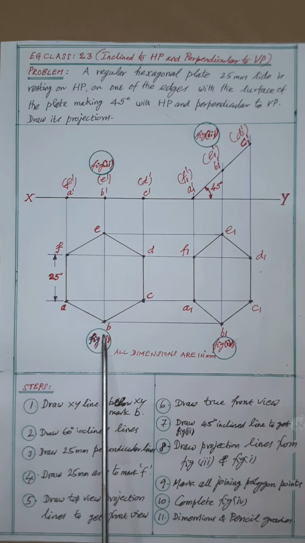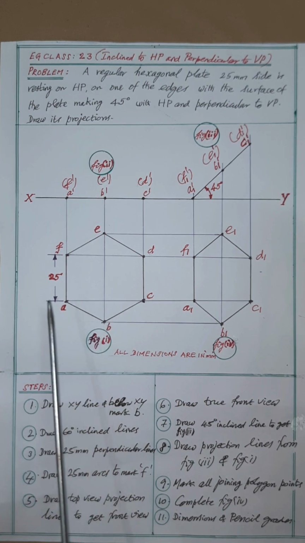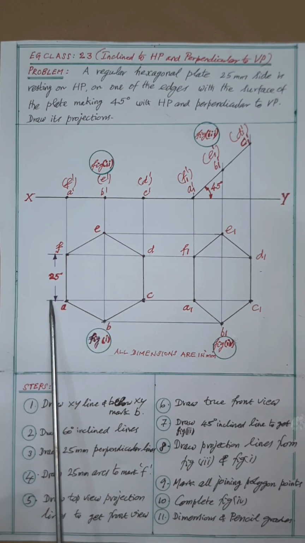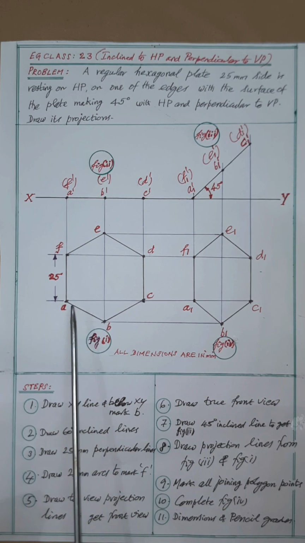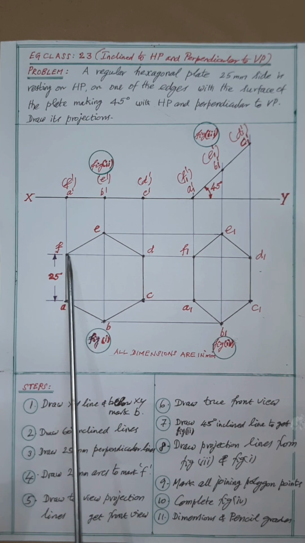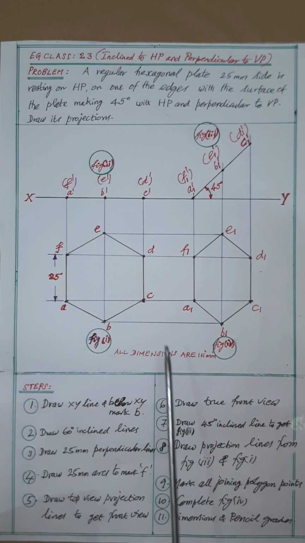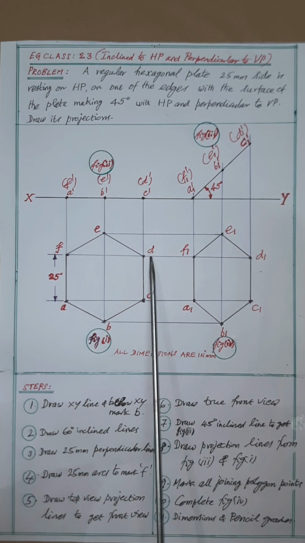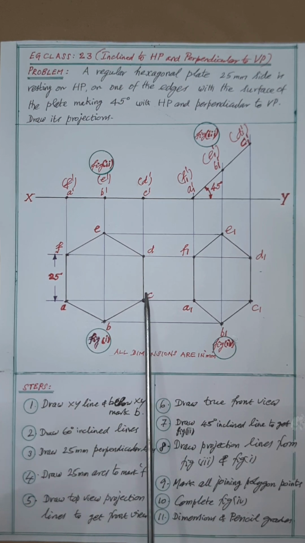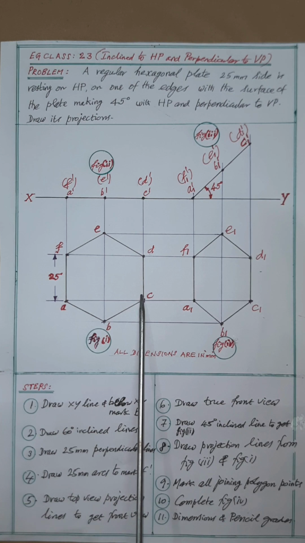As per step 3, draw a 25 mm length line perpendicular at A, that is AF, and another 25 mm length line perpendicular at the point C, so that CD equals 25 mm.